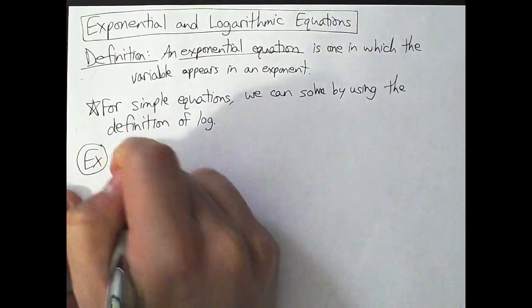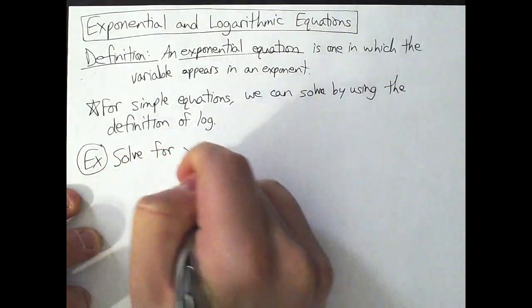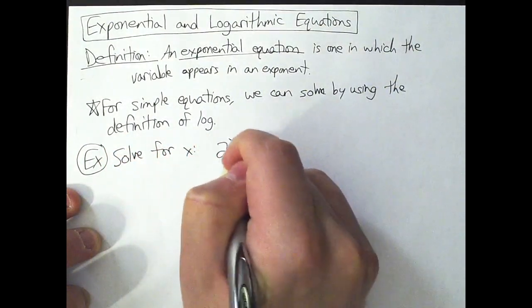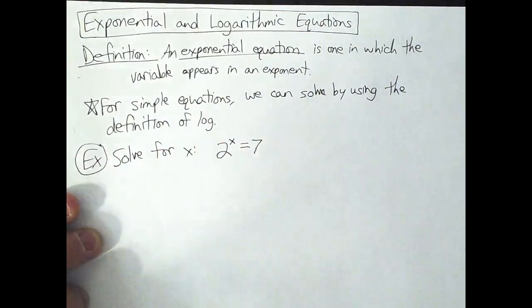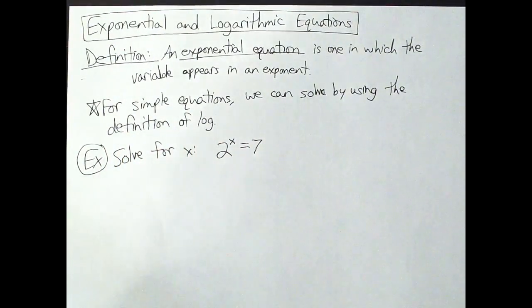So let's say we are told to solve for x, and we're given 2 to the x equals 7. This is an exponential equation because it's an equation in which the variable appears in an exponent. And we want to solve for x. What would the definition of log tell us?